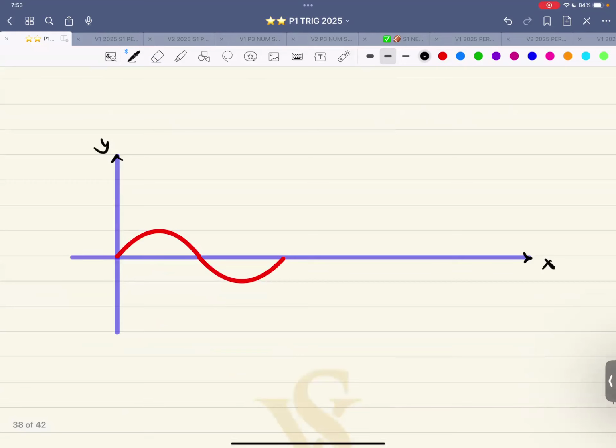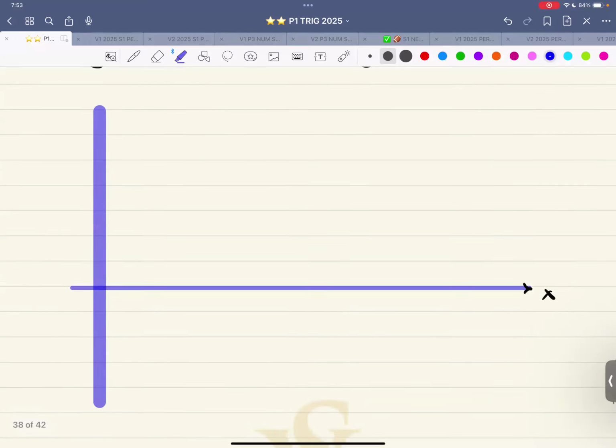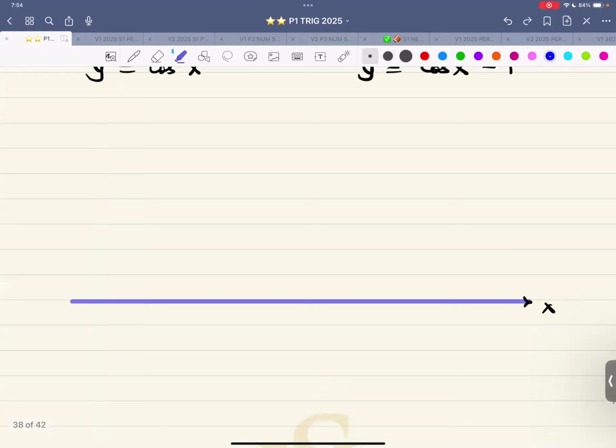By mistake, I have drawn this, but let me remove this and let me draw the graph of cosine. So hold for a second. I might be needing a slightly bigger y-axis. Nope, that's too thick.